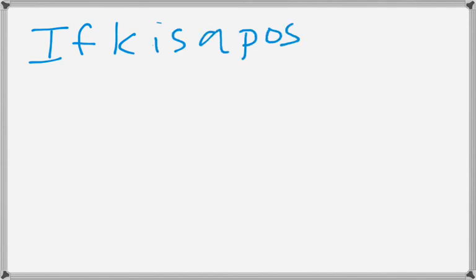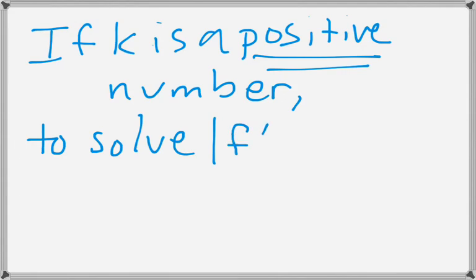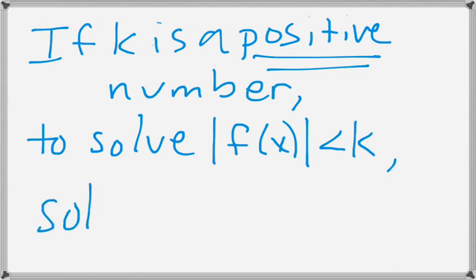So bottom line, if k is a positive number, I'm going to underline positive because we're going to see an example where k is not positive and we're going to have to do something different. But as long as k is a positive number, then to solve absolute value of some expression is less than k, we're going to solve this inequality.